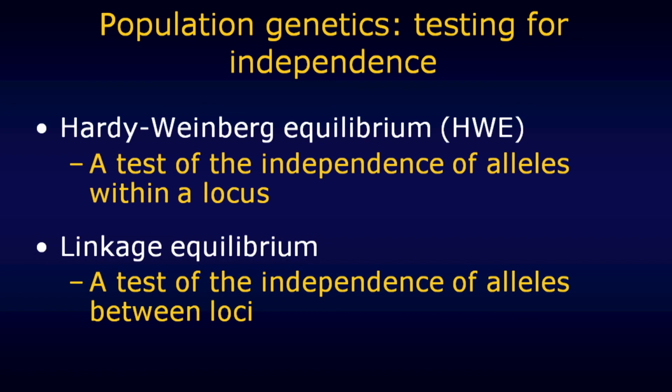The fact that one allele shows up in conjunction with another allele more commonly than we might have expected by chance. If there are those dependencies, the good news is that population genetics also gives us some tools to compensate for those dependencies.